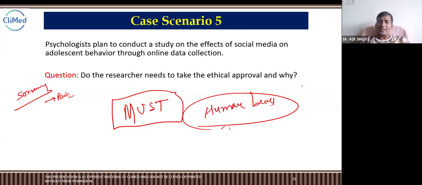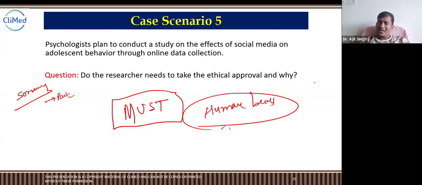If you are collecting the information of a human being for any research purpose, even something simple like whether you had a cough in the last 7 days, you are asking one question, this is also for a research purpose.